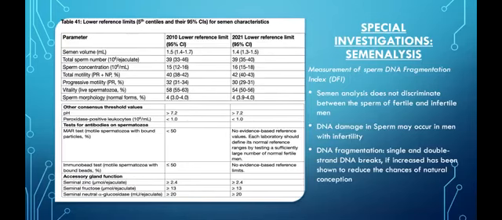So I think the crux of the matter is to get to the semen analysis, and this is a table from the new EAU guidelines that I got comparing the 2010 WHO lower reference limits for normal semen analyses to the new 2021 one, which is now from the 6th edition, I think.